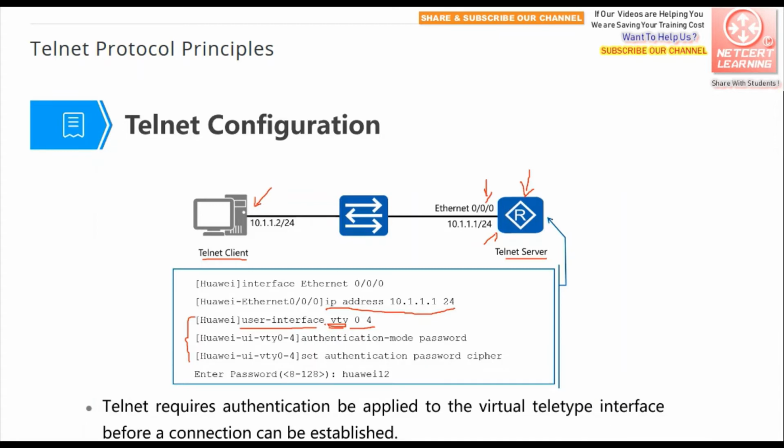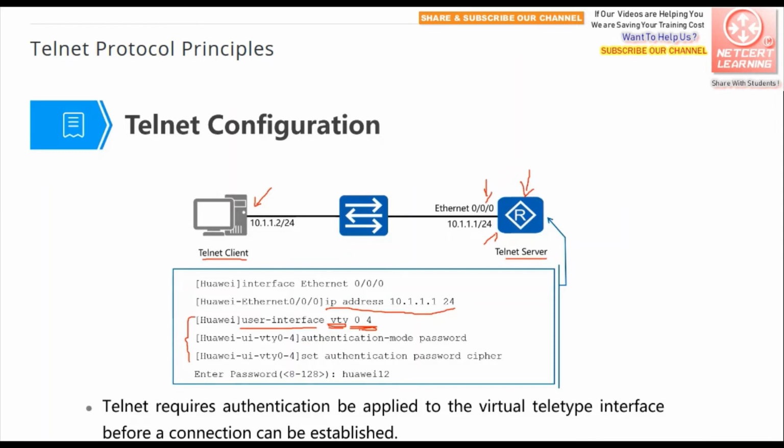Of course, the console port is only one interface, but for VTY you configured 5 interfaces. The interface number is assigned sequentially on Huawei's devices: first 0, then 1, then 2, then 3, then 4.